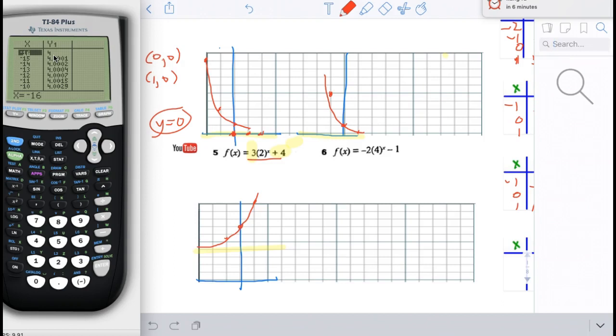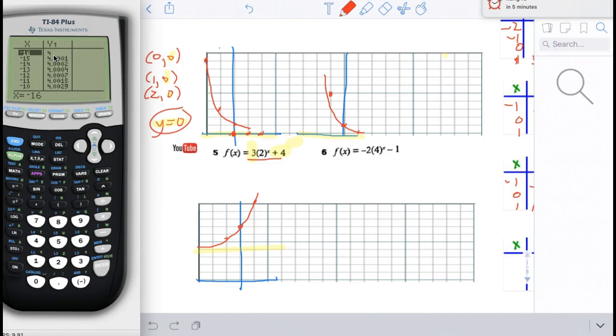All three of these points are on the x-axis, but do you notice that the 0 value is always the y-coordinate, not the x-coordinate? So when you identify the x-axis, you identify it as y equals 0, because the y value is always 0 and the x value is always different. So y equals 0 says it's a horizontal asymptote at height 0.